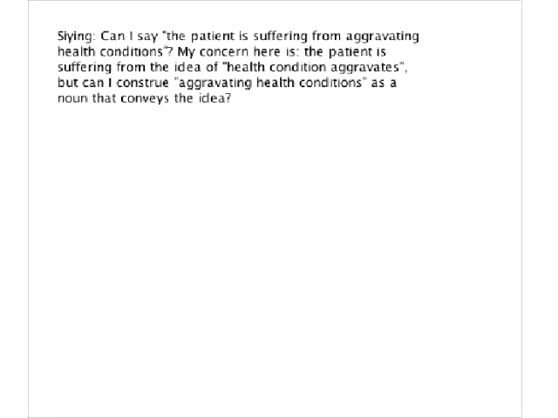It's the health condition that's causing the suffering. I don't really see an ambiguity here. The health condition itself is causing the suffering. It's not the fact that the health condition aggravates the person that makes them suffer. It's the actual health condition.